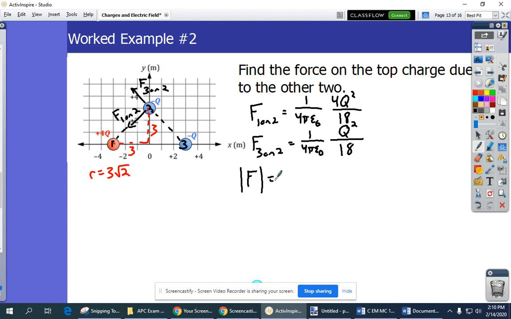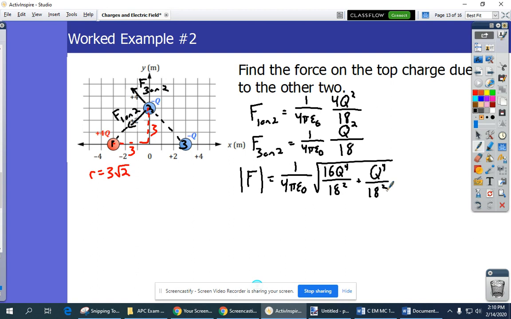well, I can do a little bit of the Pythagorean theorem here. So I'm going to get 1 over 4 pi epsilon naught on the outside, and I'm just going to be a little bit more careful than I was before. So I'll get 16q to the 4th over whatever 18 squared is, plus q to the 4th over whatever 18 squared is.